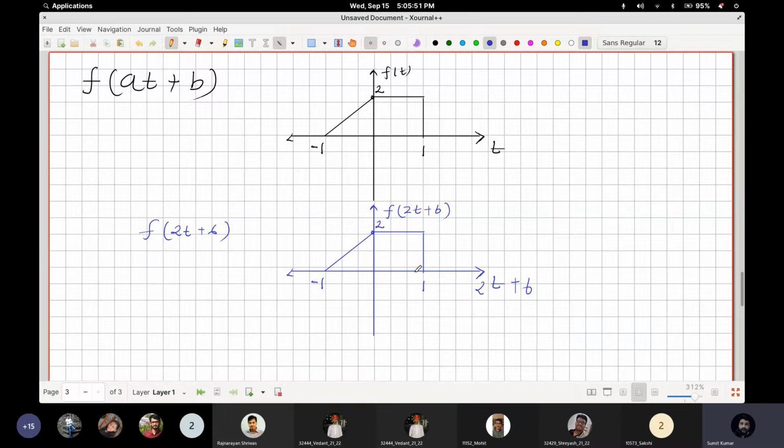So our function which was f of t has become f of 2t plus 6, isn't it? Whatever we were doing, replacing t with something. So here I replaced t with 2t plus 6. Is this clear?